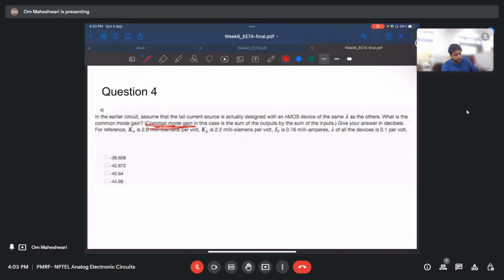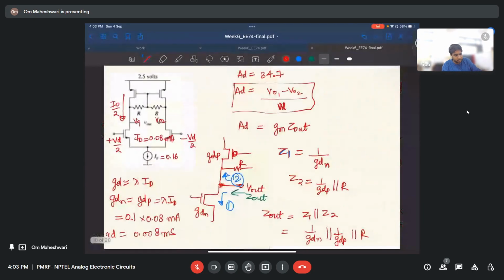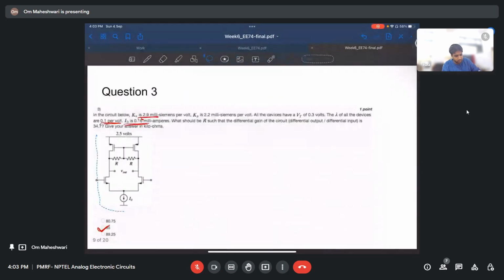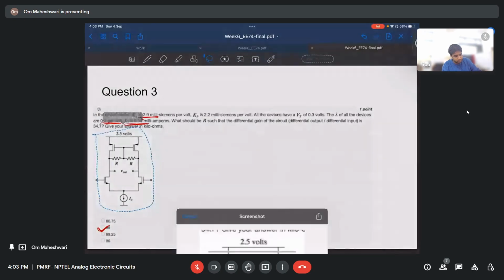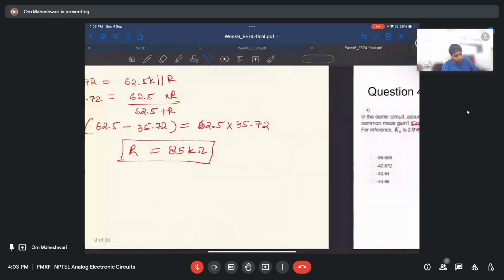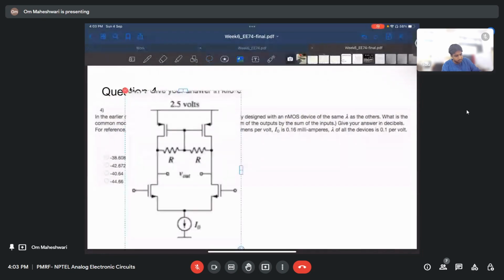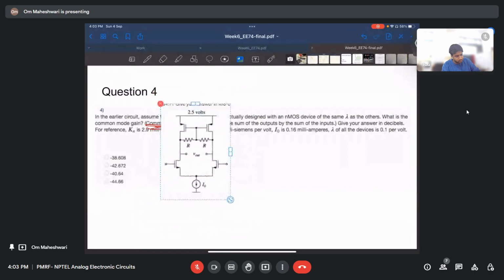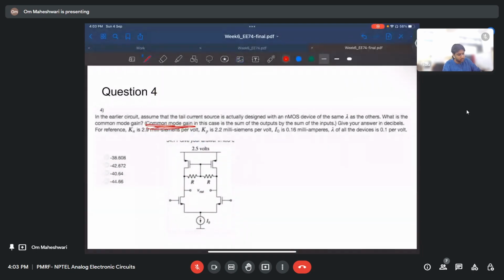If this is the circuit, for ACM we apply the same small signal on both. Earlier we were applying plus VD and minus VD, but now we will apply the same. If it's plus VD here, then plus VD here also.